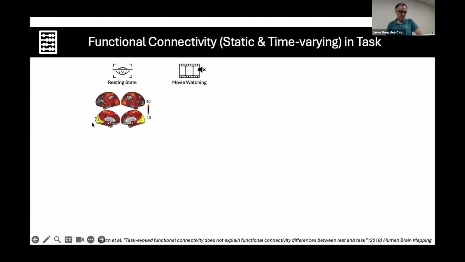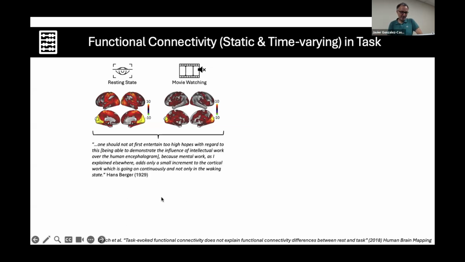A lot of connectivity within occipital cortex, and then it looks like we have a little bit more connectivity with motor cortex. This is the same analysis done on a run of the same length in which they were watching a movie. So when we look at this, the connectivity, although slightly different, is very similar. And that's something that we already know.